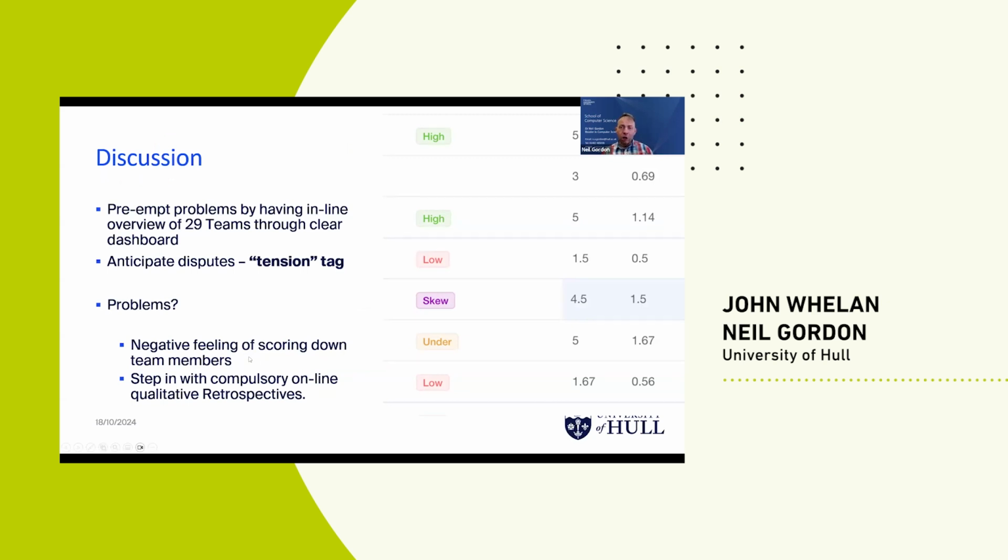Students have said they feel uncomfortable sometimes giving some of their peers in their team a low score, even if they've not been contributing as much. And again, it's about awareness that professionally you sometimes need to be harsh. So it's being fair but reasonable. And to address that issue, we've also introduced some compulsory online retrospectives to try and get them to do that in a more structured way.